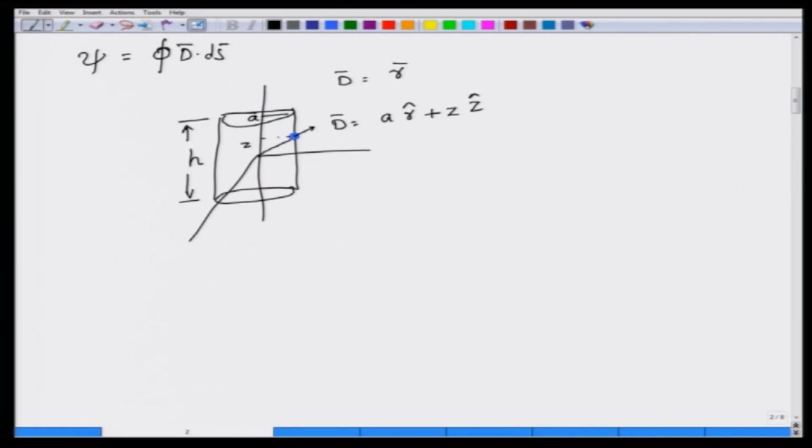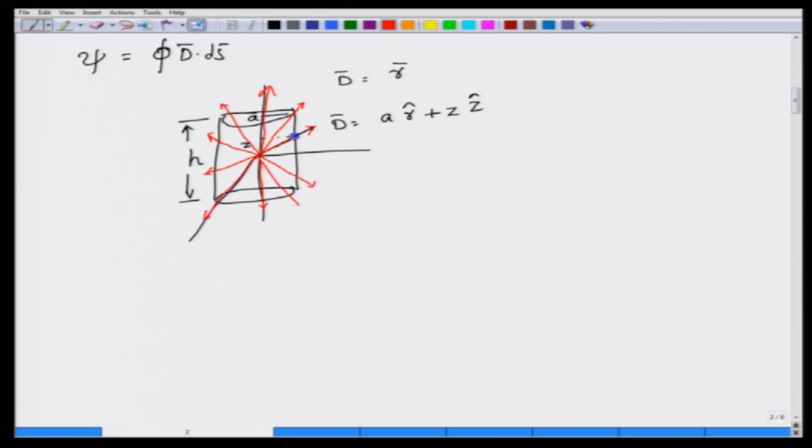Of course, the D field would also come out of the top and bottom surfaces, and you would need to find that also. So, if you just sketch how the D field would look, this is how it would look. At each point it is going to be a vector. Although I am showing you vectors of different magnitudes, they are not actually different magnitudes; they would all be of the same magnitude up here.